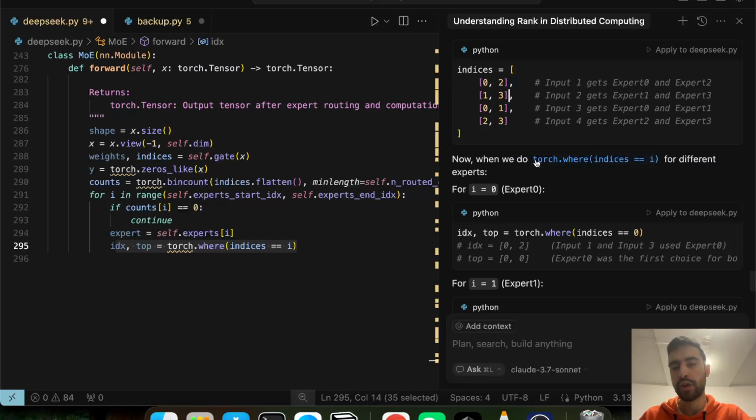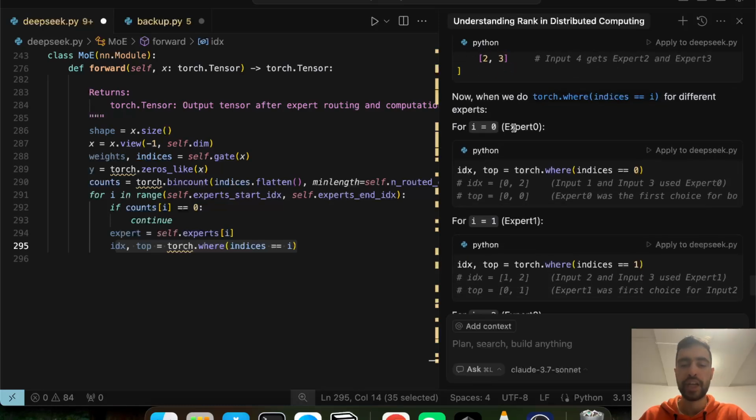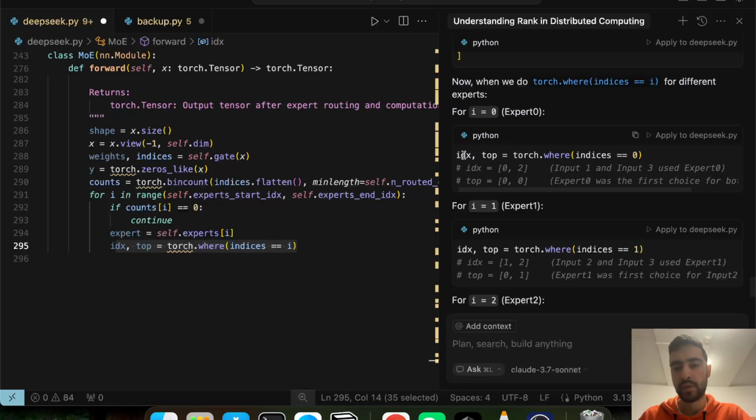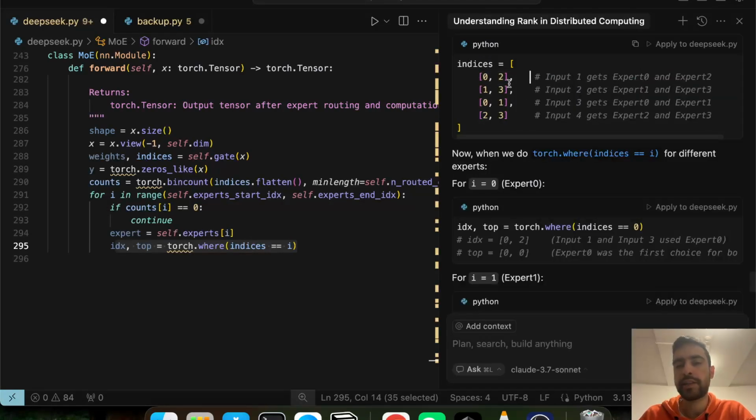Now we do torch where indices is equal to i for different experts. So for expert 0, we get the index and top k. Here you can see that input 1 and input 3 use expert 0. So the indices are 0, where 0 is the index of token 1, the first token, and 2 is the index of the third token.